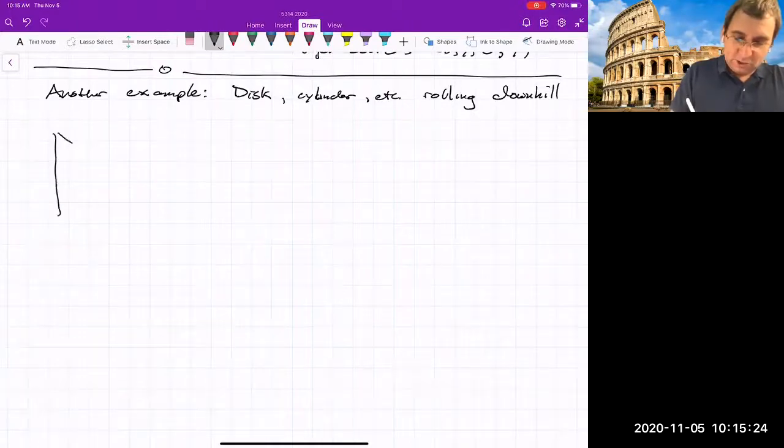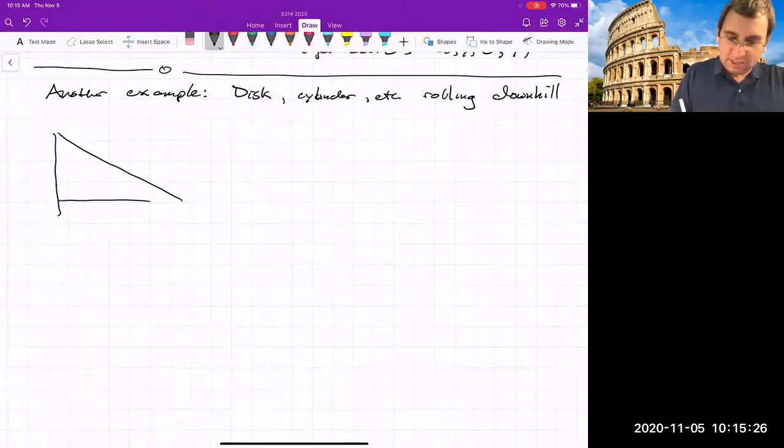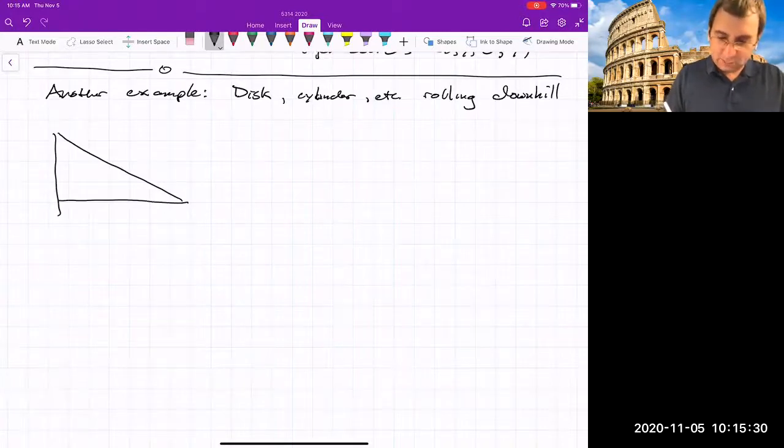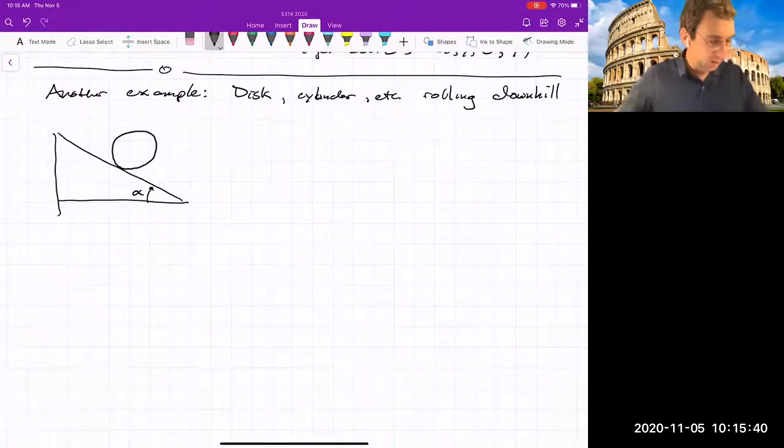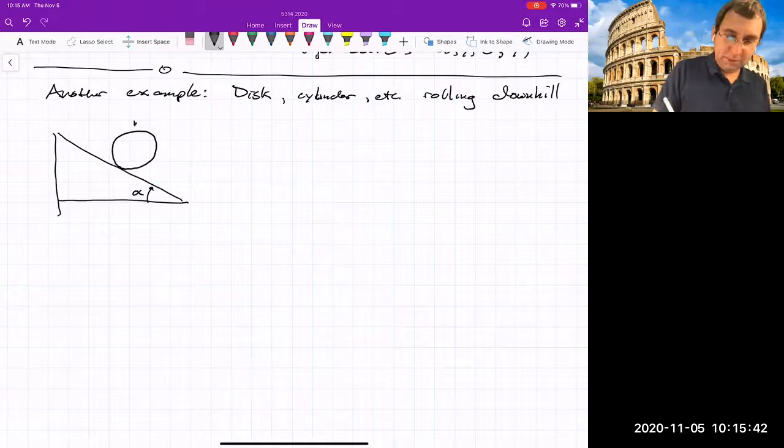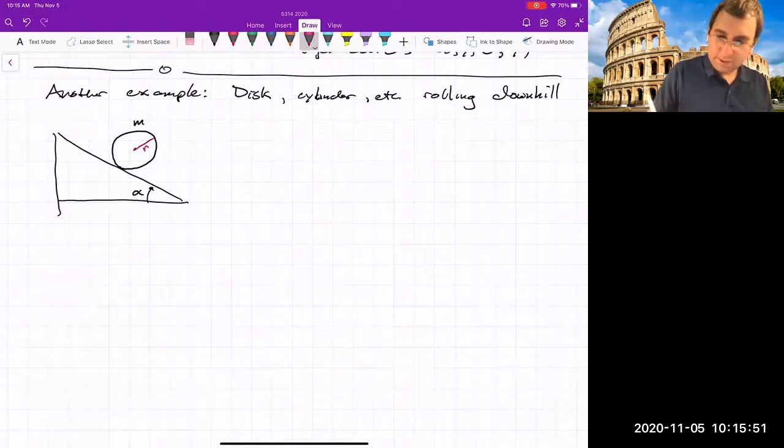Well, let's do a little sketch. We've got something rolling downhill, and we'll say this angle is alpha. Here's a cross section of the cylinder or the disk. This is something with mass m. It's got a radius, r.